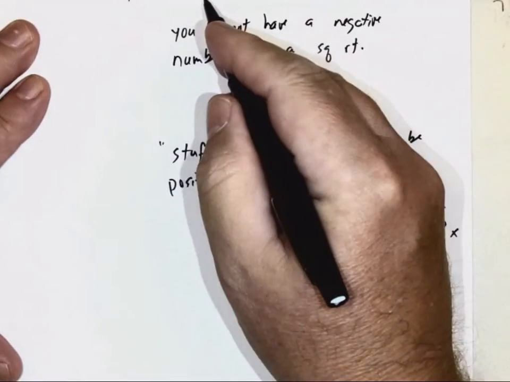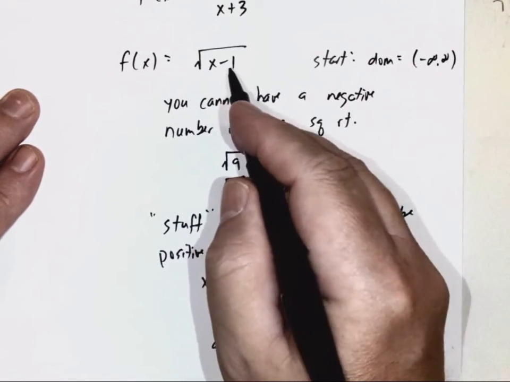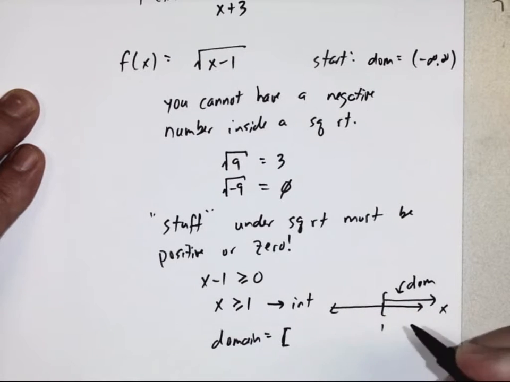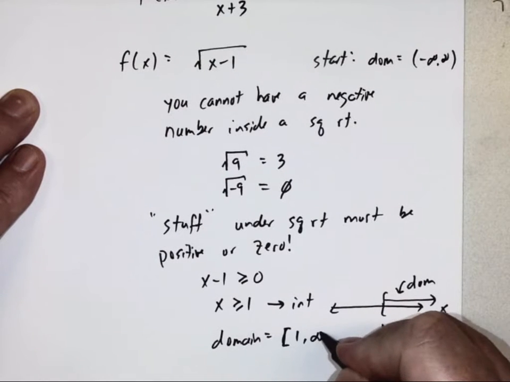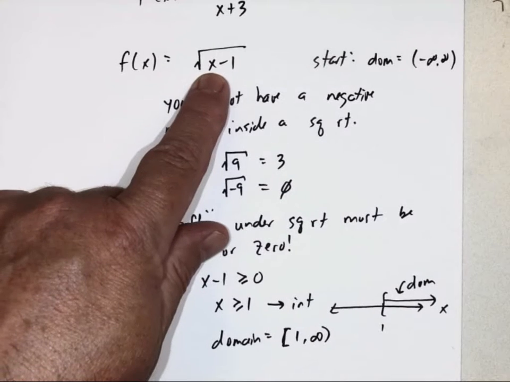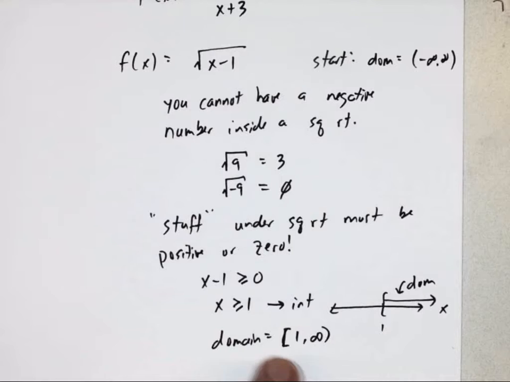So for this equation, square root of x minus 1, I say the domain is bracket 1 to infinity. In other words, for this function, x can be from 1 to infinity.